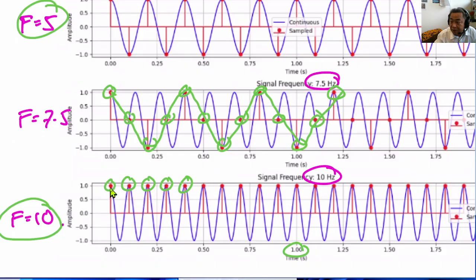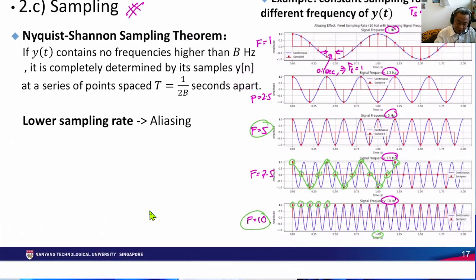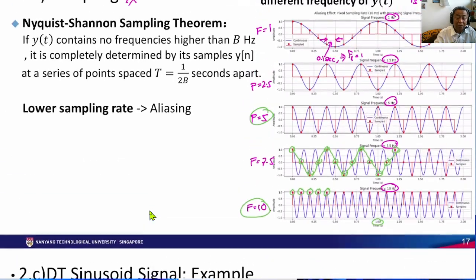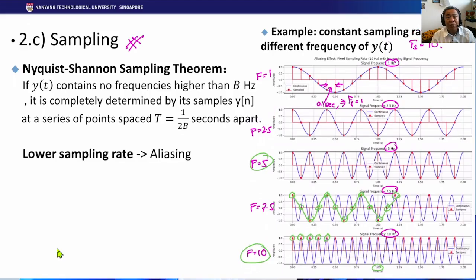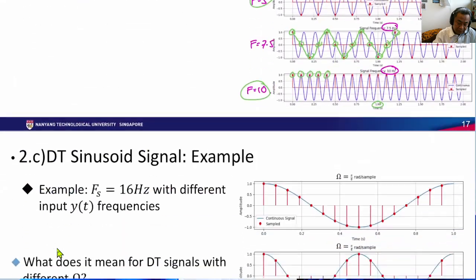It all appears as if the underlying signal was a DC signal of amplitude 1. So this is even more obvious aliasing. So with that, I think we'll now continue in the next slide to talk about how fs and f will give us the digital angular frequency example.